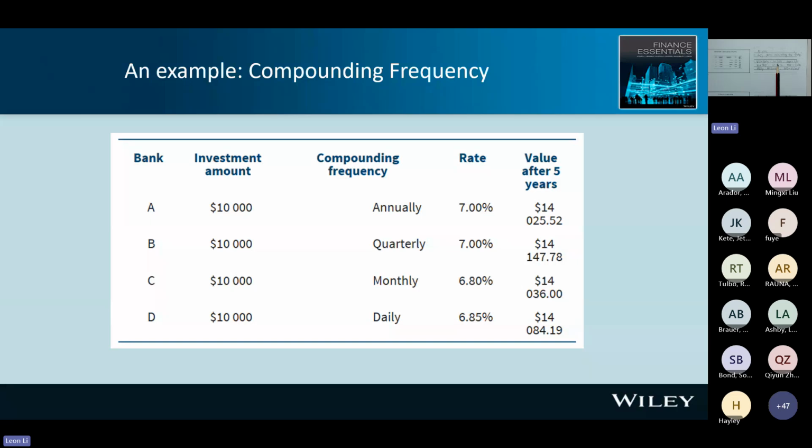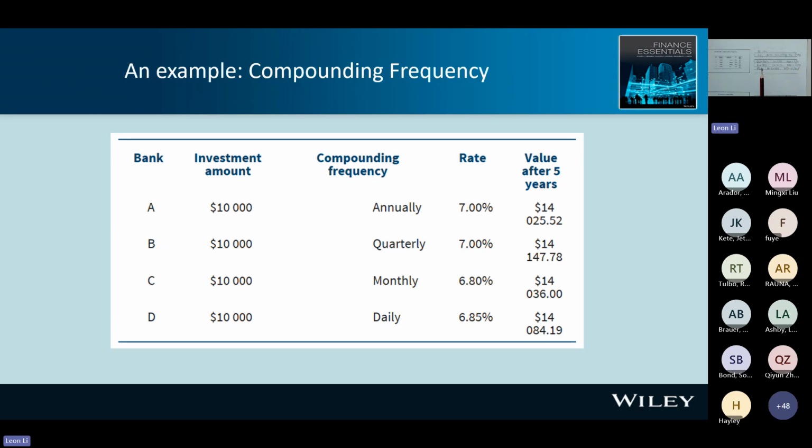So our quarterly rate will be I divided by 4, and the number of periods will be 5 years times 4, all right? Monthly, when I see monthly, I'm thinking 12 months a year. So the number of periods will be 5 years times 12, and our monthly rate is I over 12.